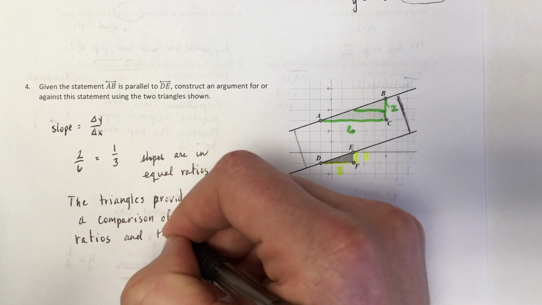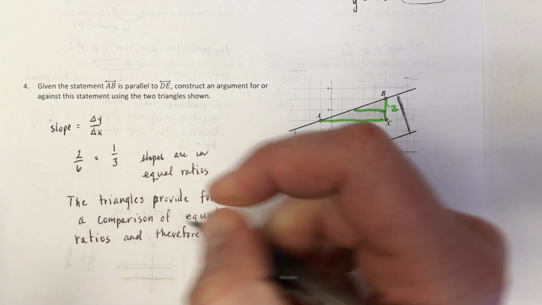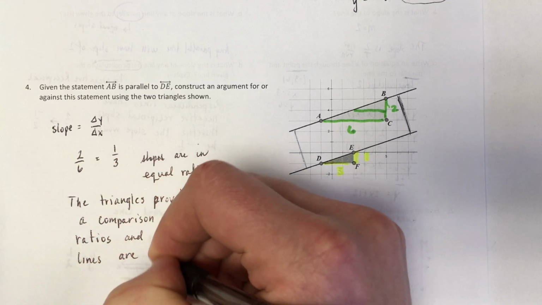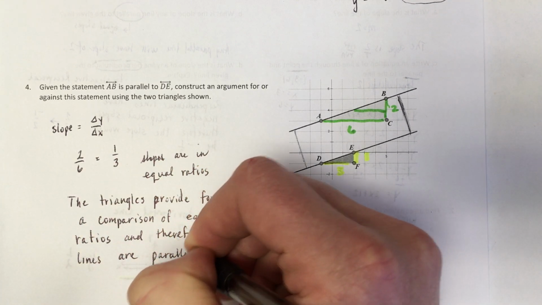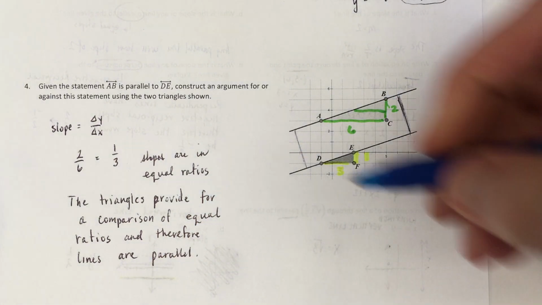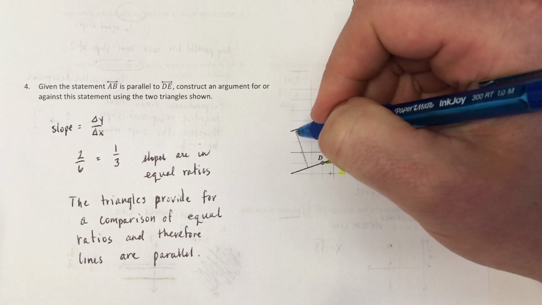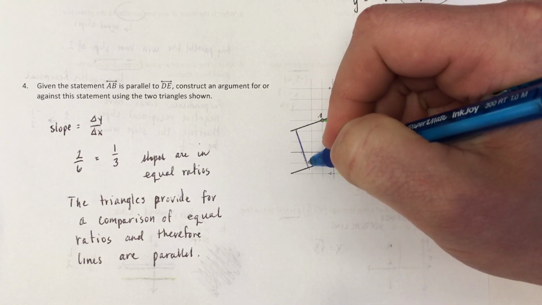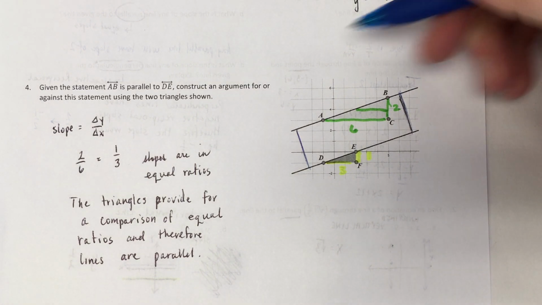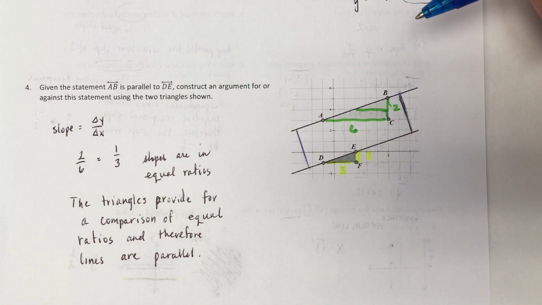And therefore, lines are parallel. Again, remember, understanding the lines are parallel really depended on our understanding that these distances were maintained as equalities.